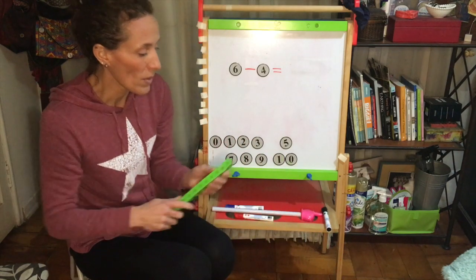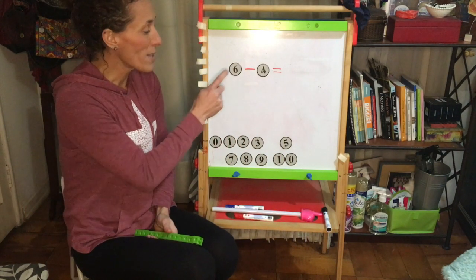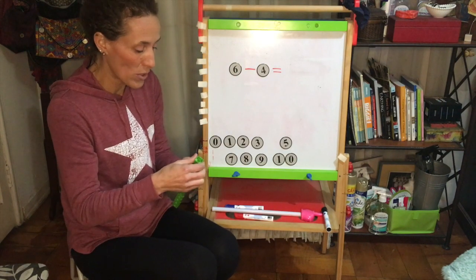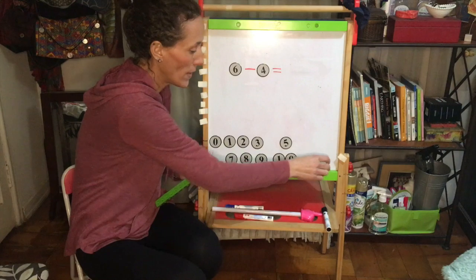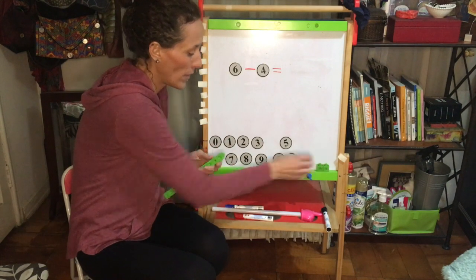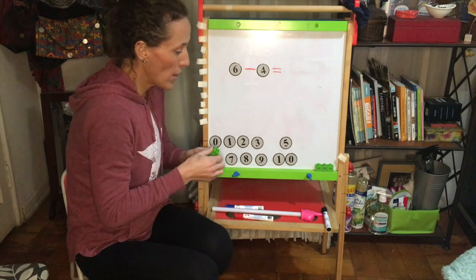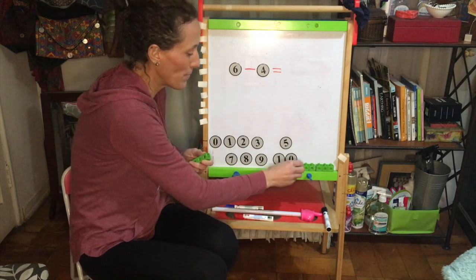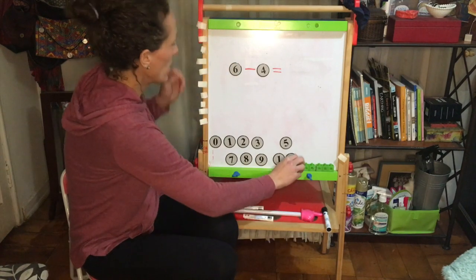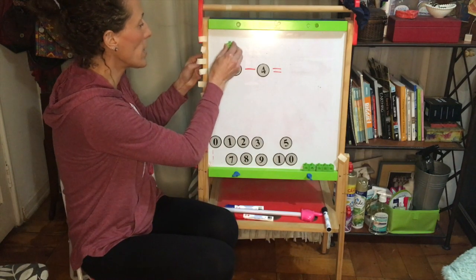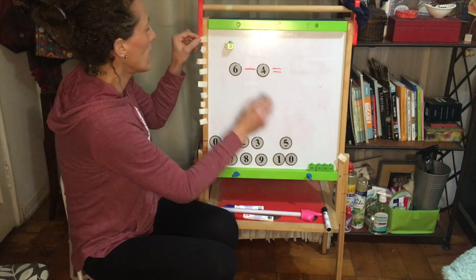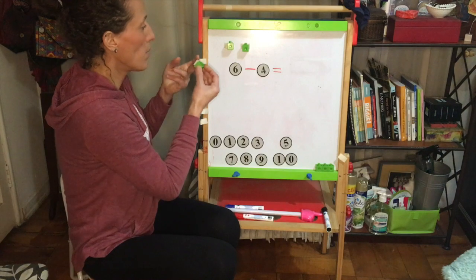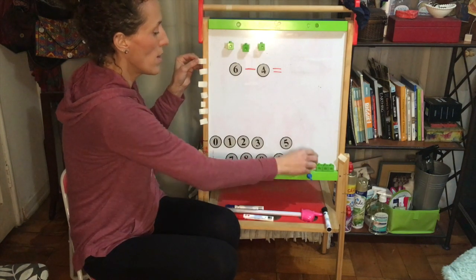So, what am I going to do? Which is the first amount I need to have? 6. So I'm going to count 1, 2, 3, 4, 5, and 6. Okay. So I'm going to put them here for you to see that we need 6 at the beginning, because we're going to take how many away? 4.